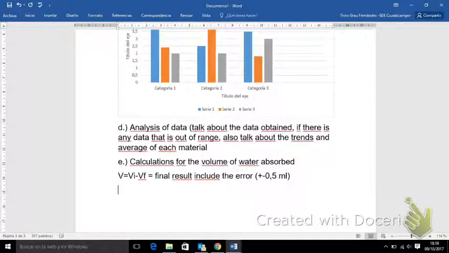So once you have finished with the results, with the data collection, you need to do the conclusion.